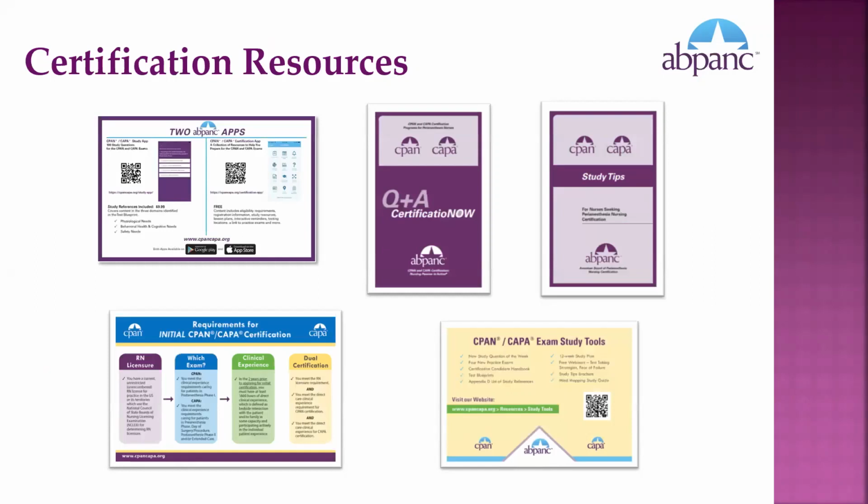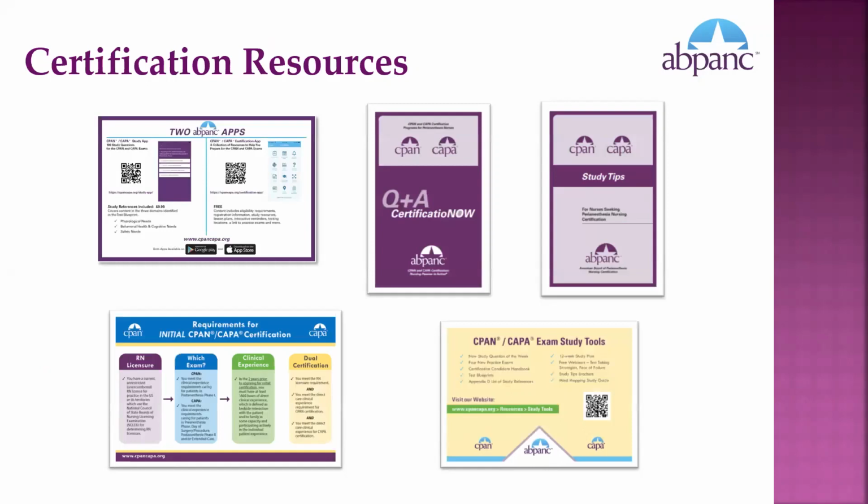You get 2 different pamphlets. One is the study tips pamphlet, which has some study tips that people find very helpful, and then the question and answer certification handout, which has some general information about our exams. On the bottom here are the 2 really important handouts. One gives you the snapshot of the requirements for initial certification.